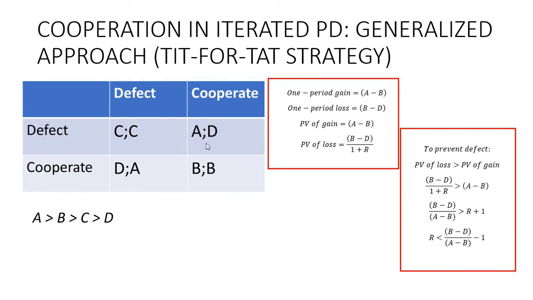So we move from this cell, defect, cooperate, to this cell, cooperate, defect. The second player will mirror the strategy of the first player from period 0. So in period 0, the first player decided to defect, so the second player will decide to defect in period 1.